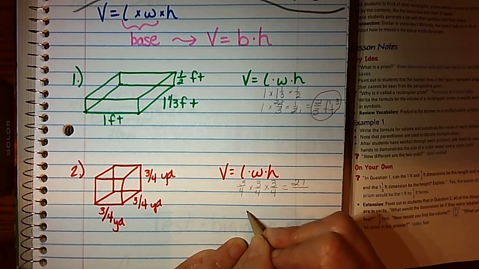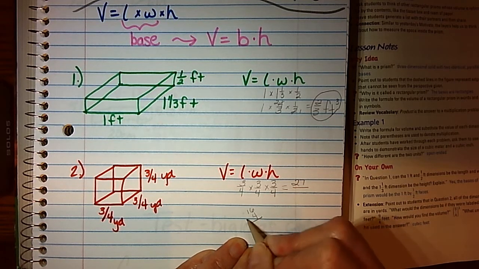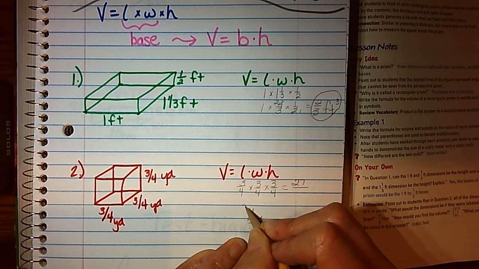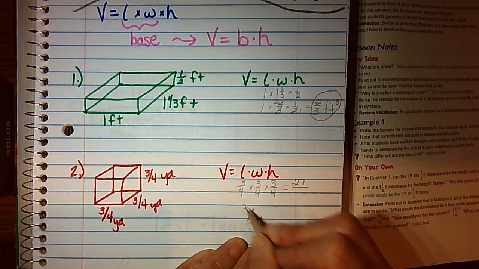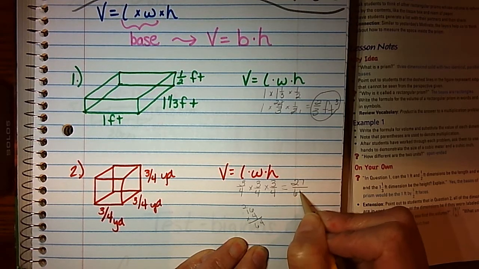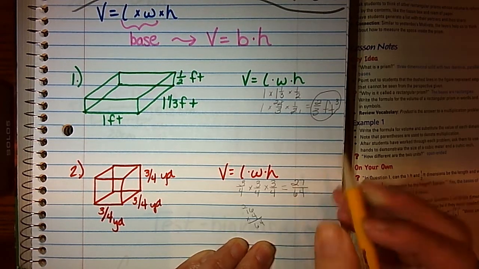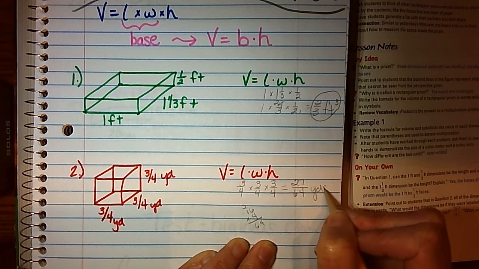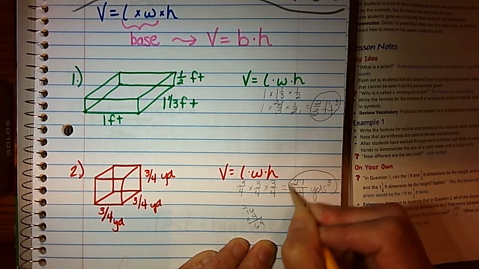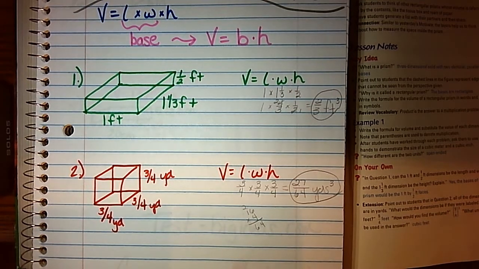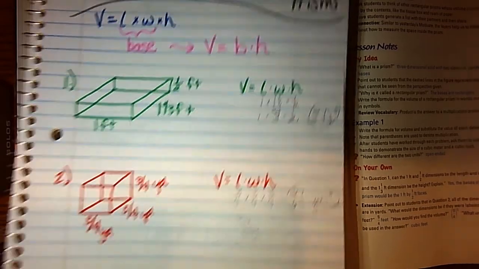And then 16 times 4, be quicker than my calculator. 4, 5, 6 would be 64 yards cubed. And that's it. Pretty easy.